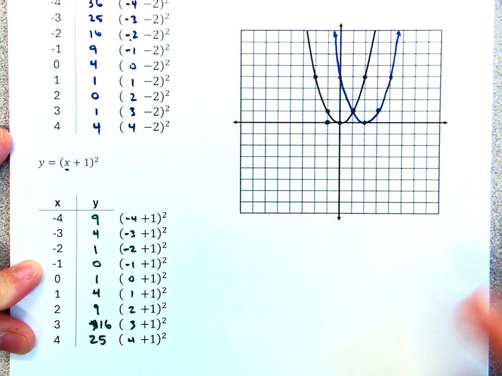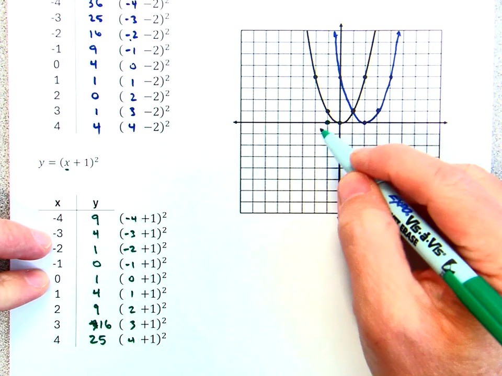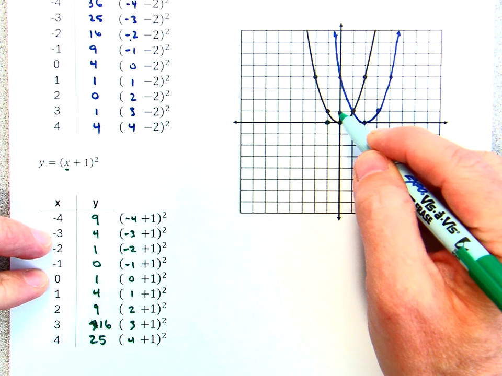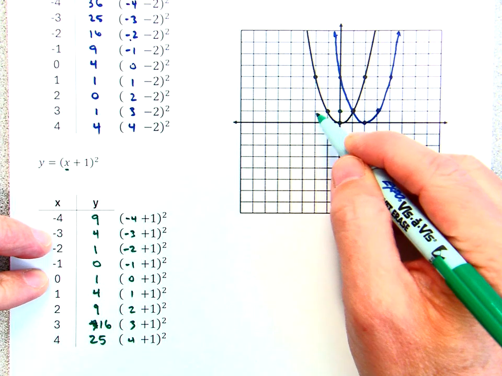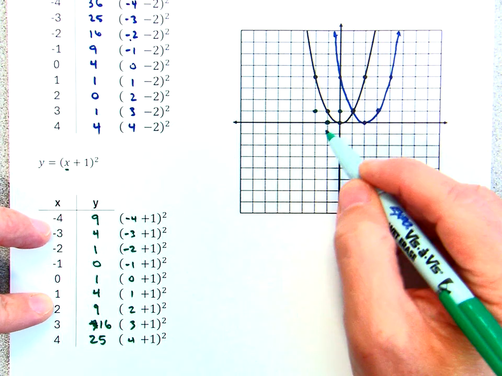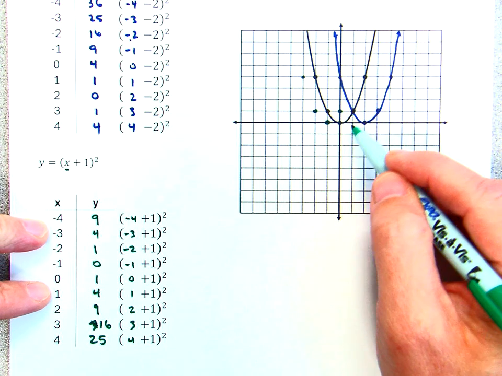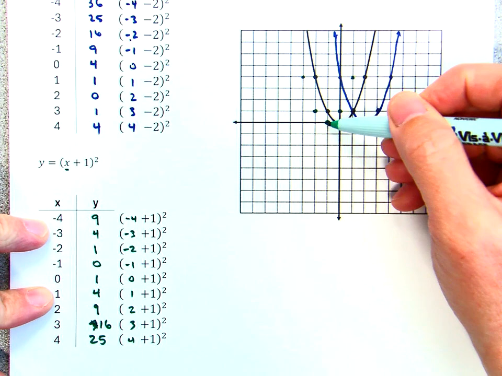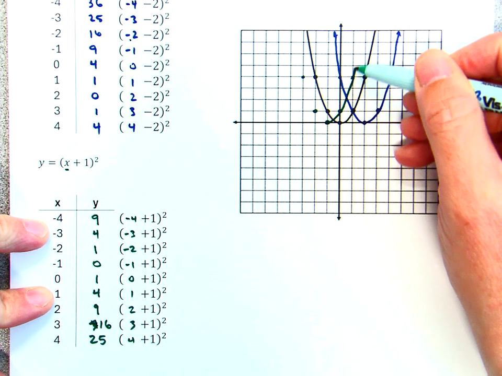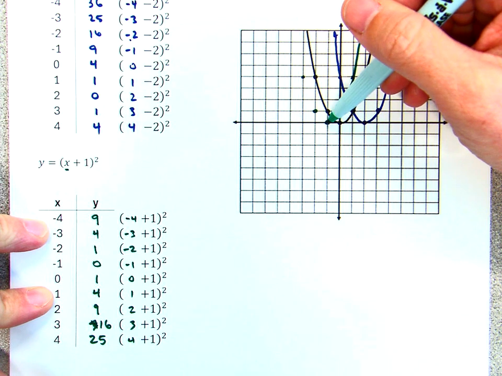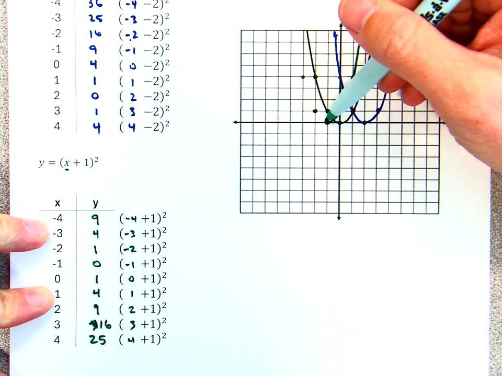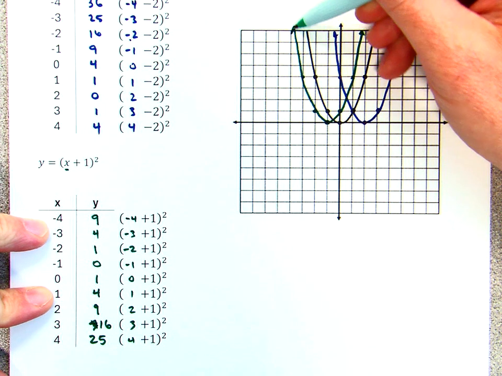And then at 0, it's 1. And at -2, right? At -3, it's 4. And at 1. And then we can see that, again, the shape is still in the same position. So the shape is still the same, but it's been moved to a new position.